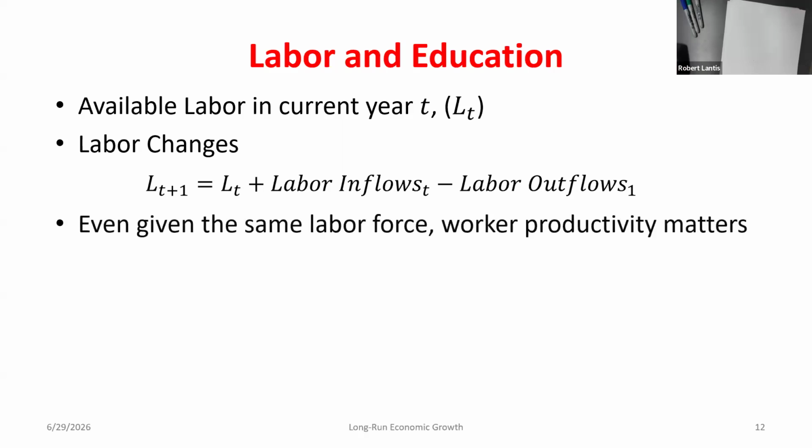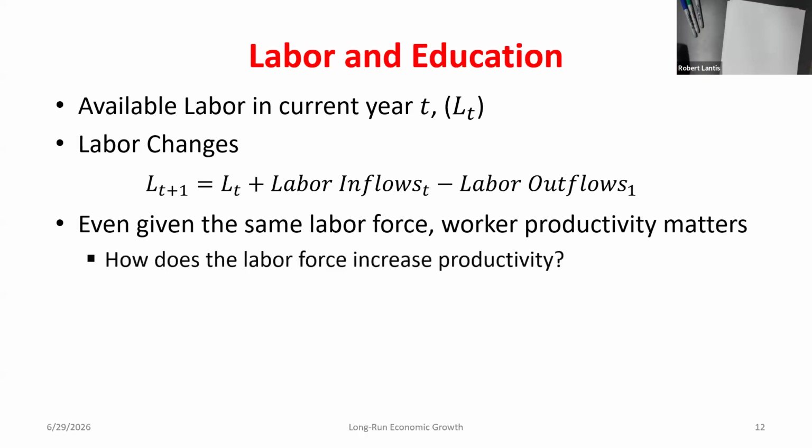Okay? So given the same labor force, productivity of my workers matters. So how does the labor force increase productivity? It would be investments into human capital or education. So even if I had the same level of labor, same number of units or same number of workers, those workers become more productive if they increase their skill level, increase their education, or we make investments into labor.